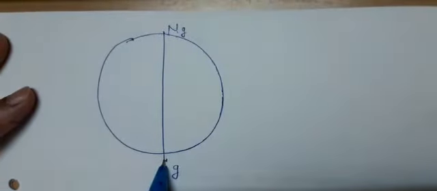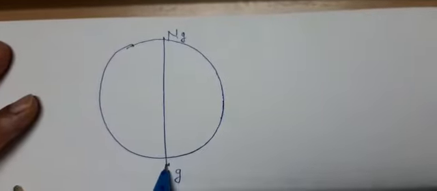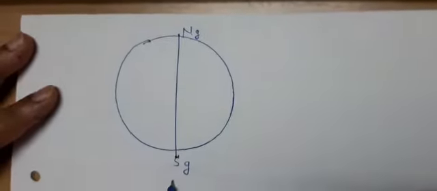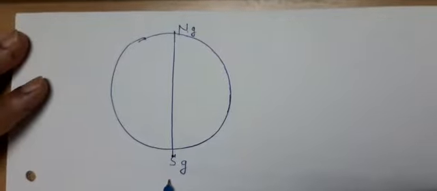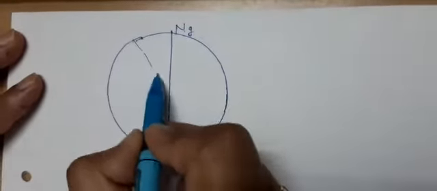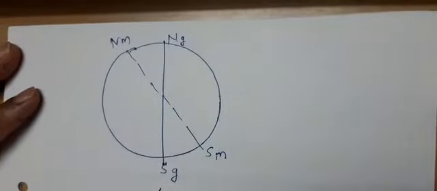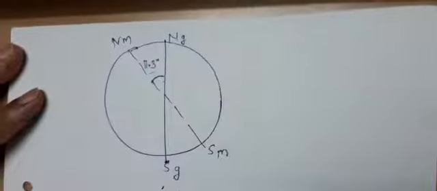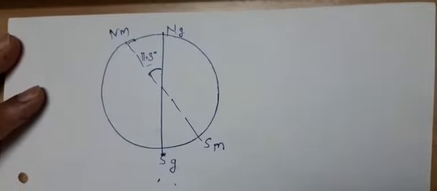The straight line passing through these two is the geographic axis, and the pole near the geographic North Pole of Earth is called the North Magnetic Pole, and the pole near the geographic South Pole is called the South Magnetic Pole. But they do not coincide with the geographic poles; it is tilted by some angle, that is 11.3 degrees. It varies from place to place.